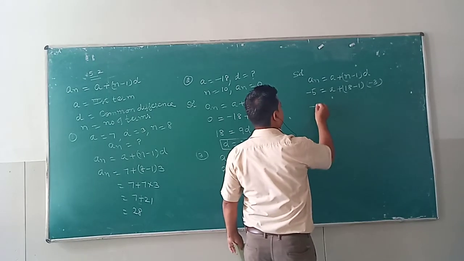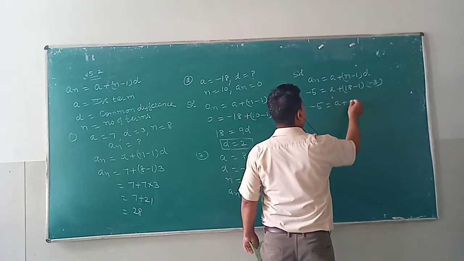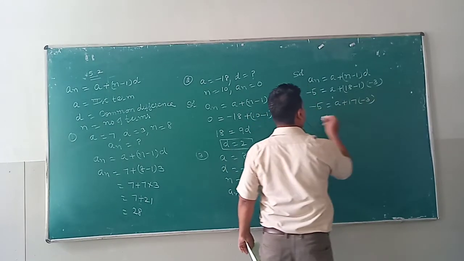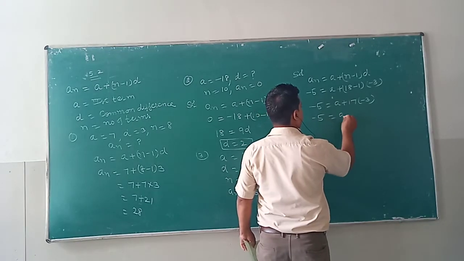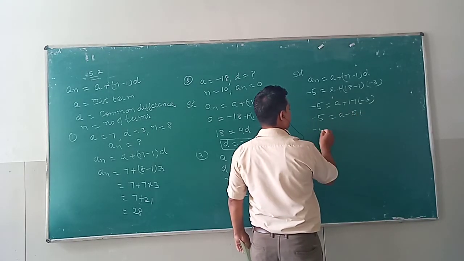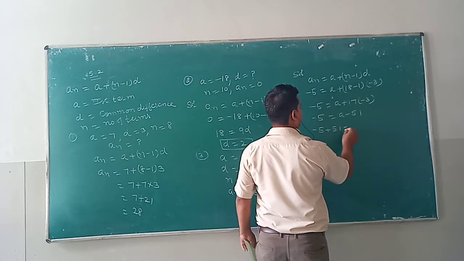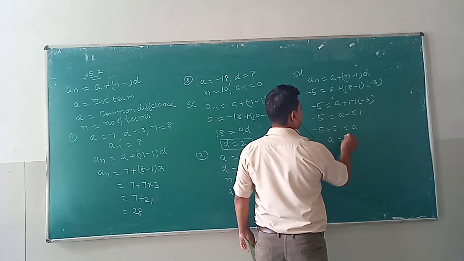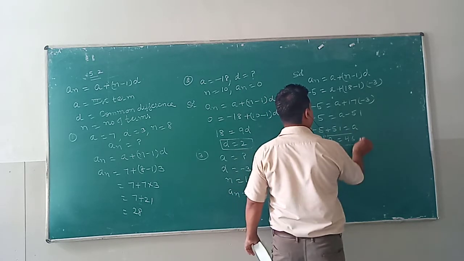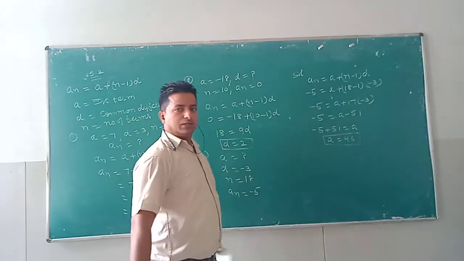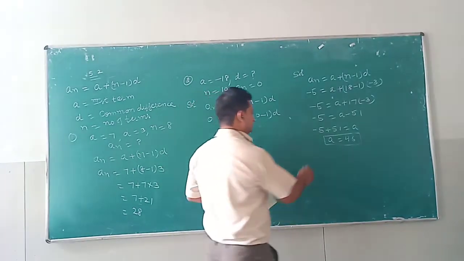So this is minus 5 equals a plus 17 into minus 3, minus 5 equals a minus 51, minus 5 plus 51 is equal to a, so a is 46. So 46 is the first term of the AP.